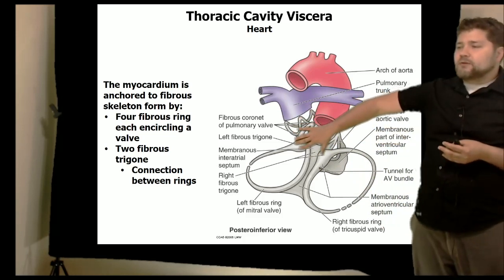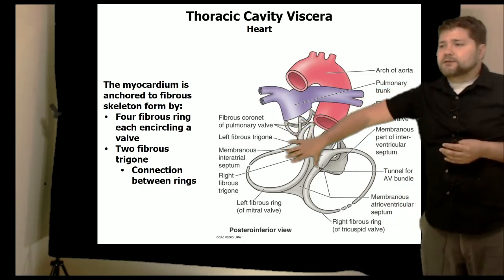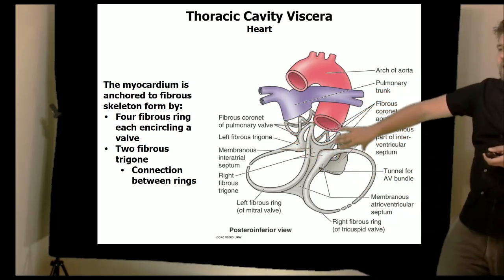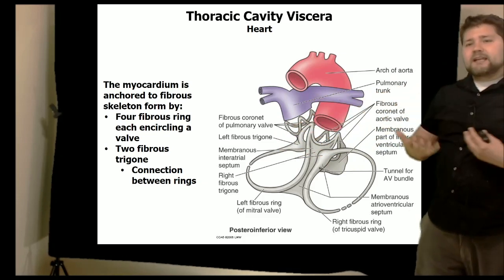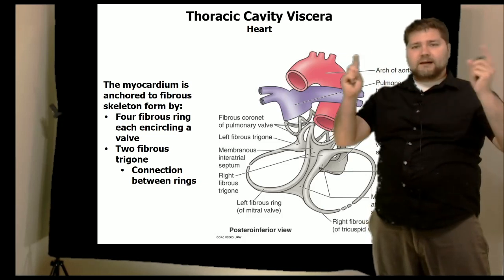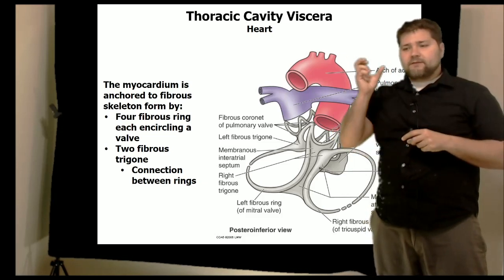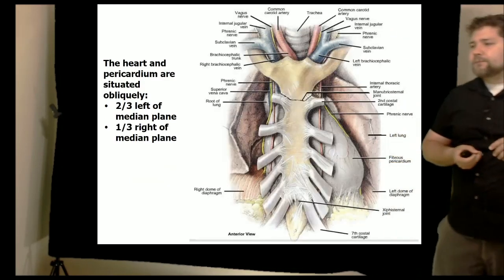It creates an anchoring point for our valves and makes sure those are kind of in sync, and then all the musculature attaches around it. So nothing too special about it other than the fact that it's just there, and it kind of helps. You'll see that if you were to look at a heart structure, kind of the nice shapes of the valves. When you open those up, they kind of have a nice holding of their structure, which is kind of cool.